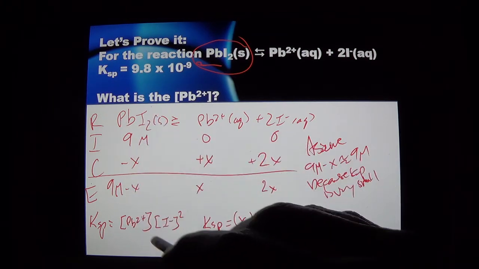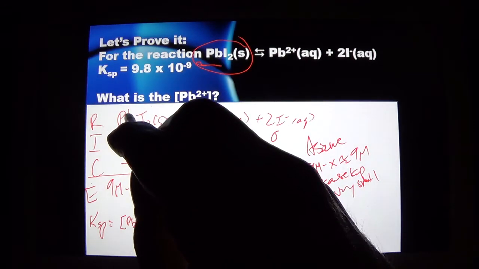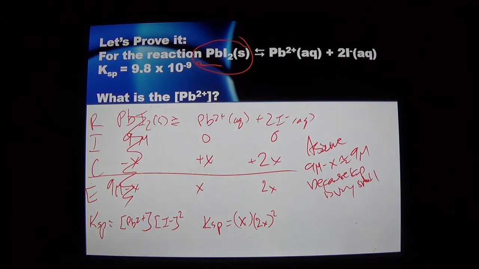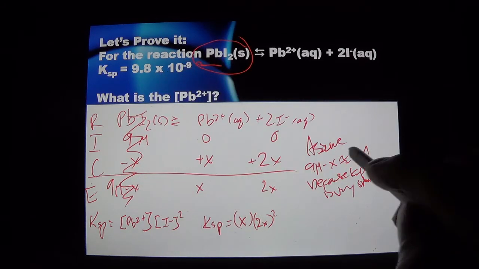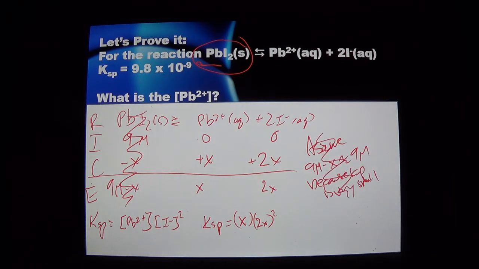Notice how I really need no information from that column at all, which is why we were not given an initial amount in the problem, because it really doesn't make a difference. Because I'm not using an amount in that column, I didn't really even need to make an assumption to simplify, because I don't have anything to simplify if I don't need to worry about that column.